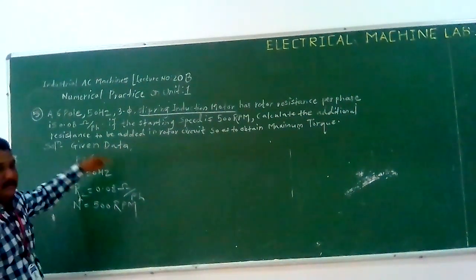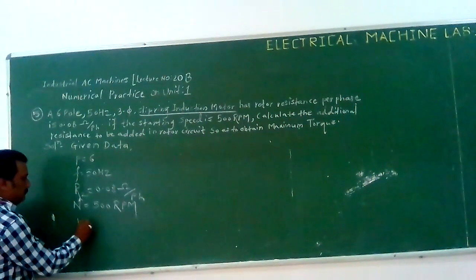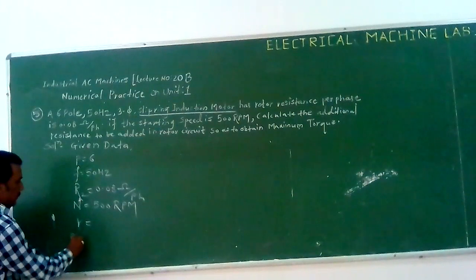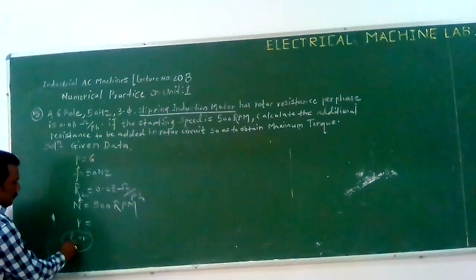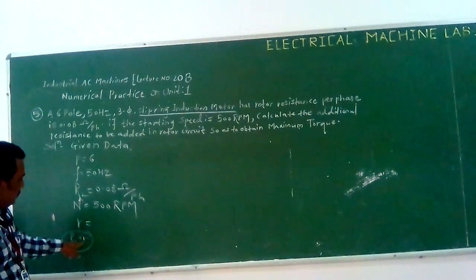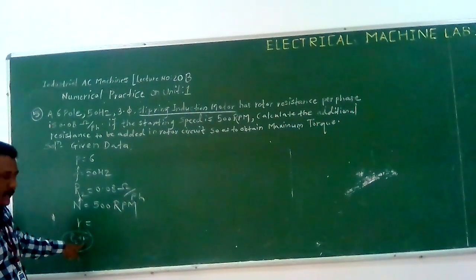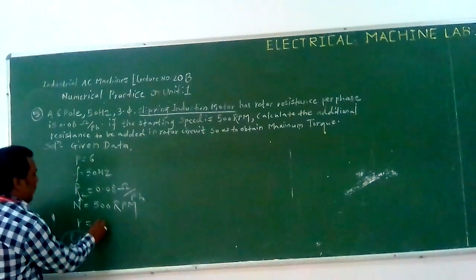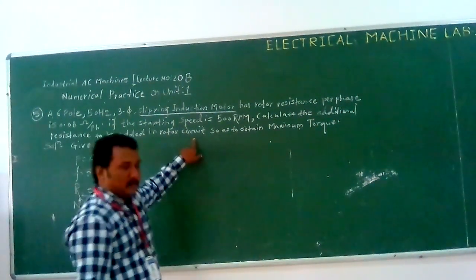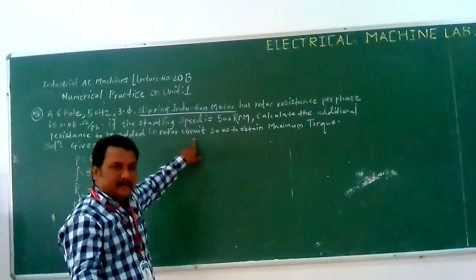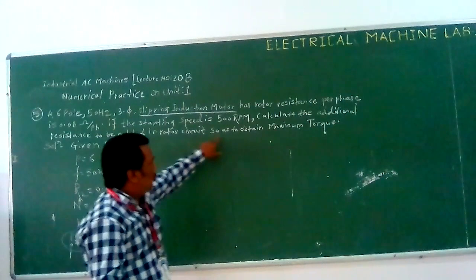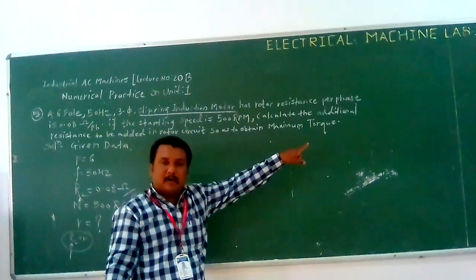Calculate the additional resistance, small r. Means we have to make a provision R2 plus r. R2 is the rotor resistance as per its technical specification and r is the external resistance to be added in the rotor circuit, so as to obtain maximum torque.